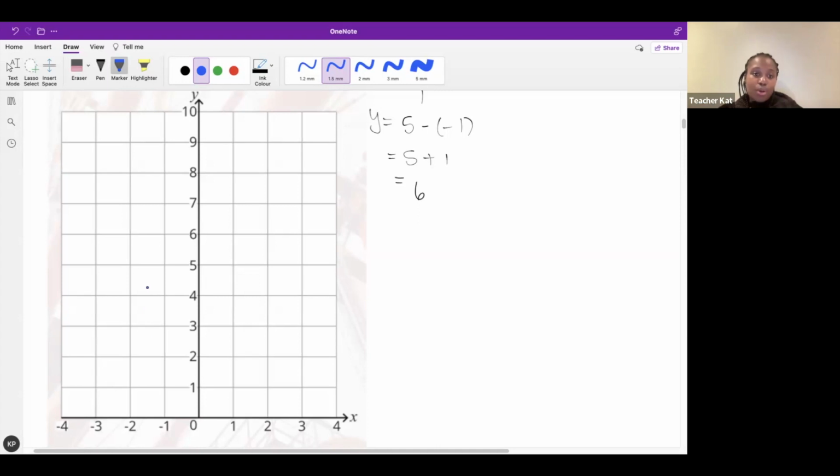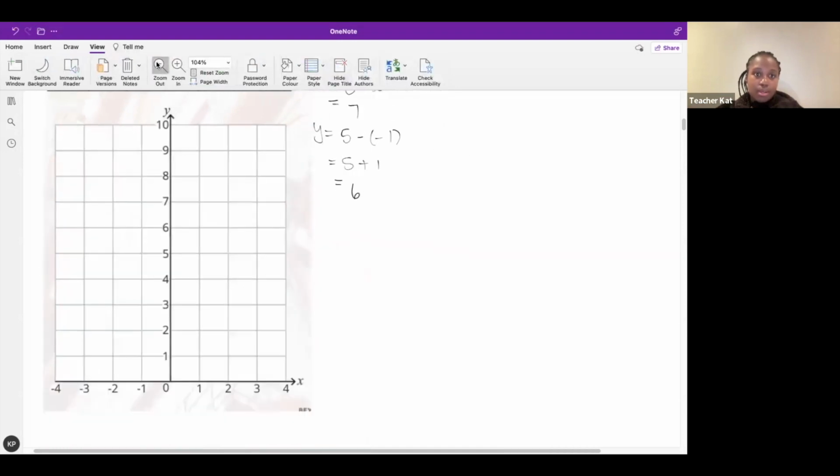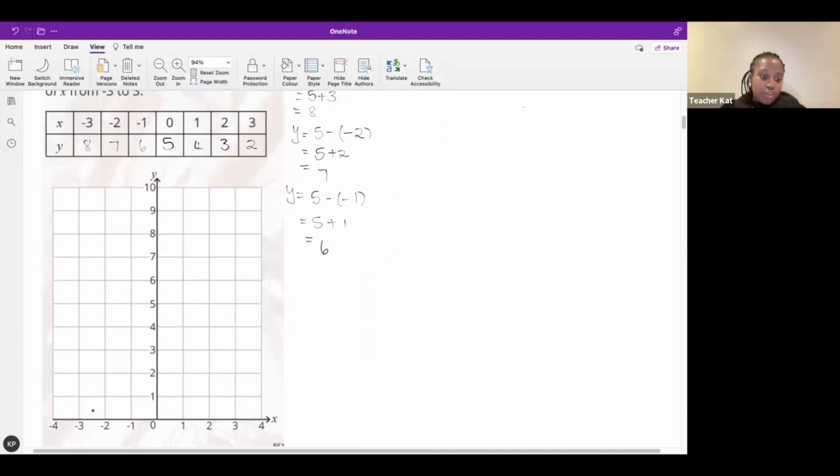So let me plot this quickly. I'm going to zoom out so that I can see my points and I don't keep scrolling up. There we go. Okay, -3 is all the way there. Goes with 8, which is there.